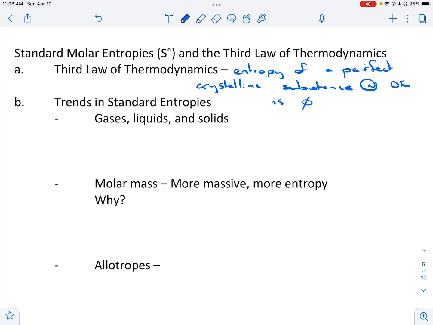So we build up from there. At 0 K, where all particle motion stops, the entropy of a solid is 0. And we go from there.